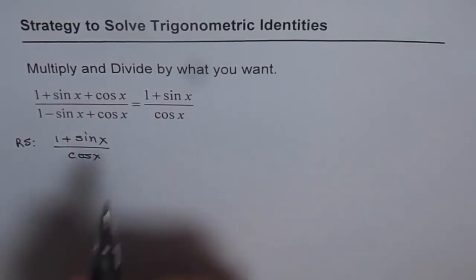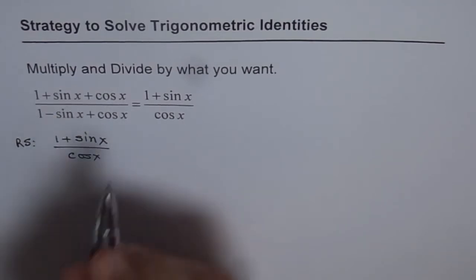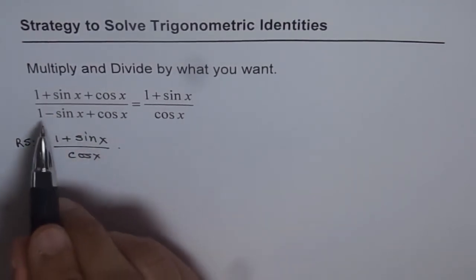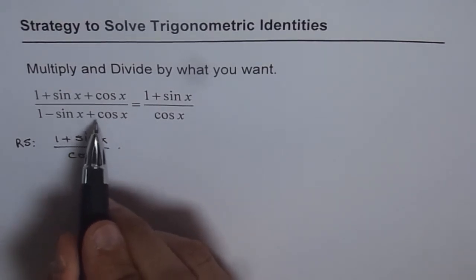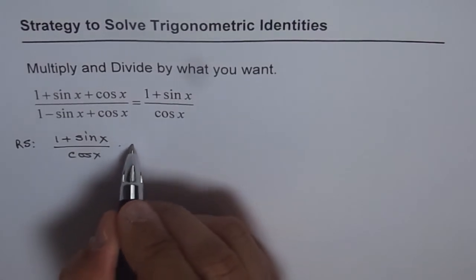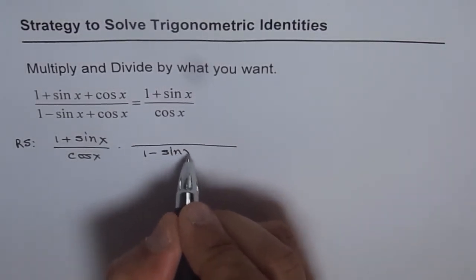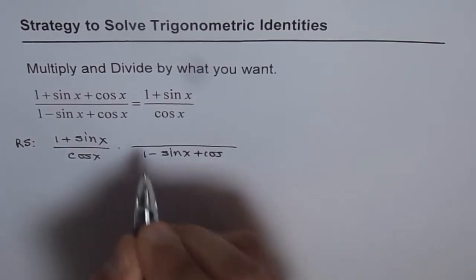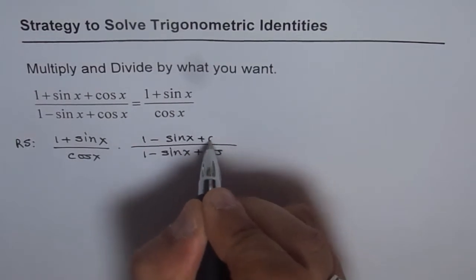What do we want? We want this term, and we don't have any clue how to get it. So let us do one thing. Whatever is there in the denominator, let's multiply and divide with that. So that is (1 minus sine x plus cos x) over (1 minus sine x plus cos x).